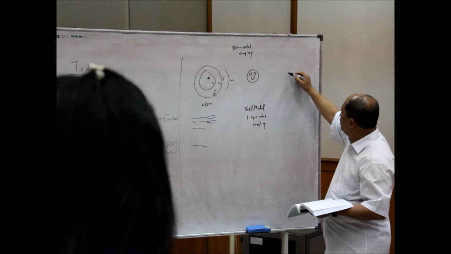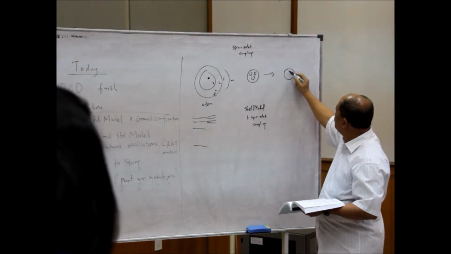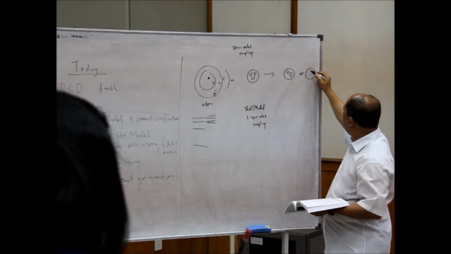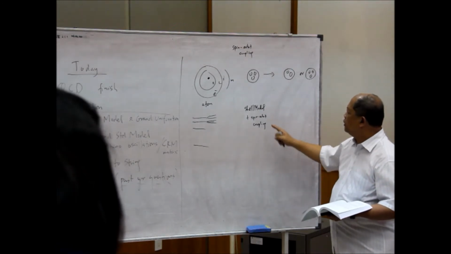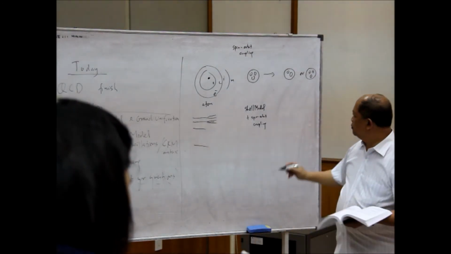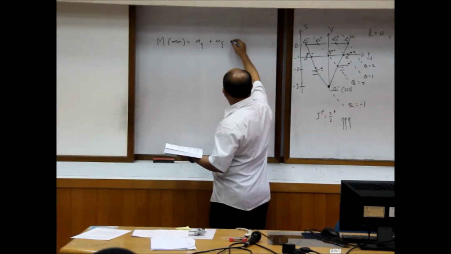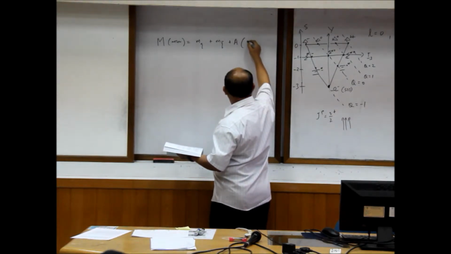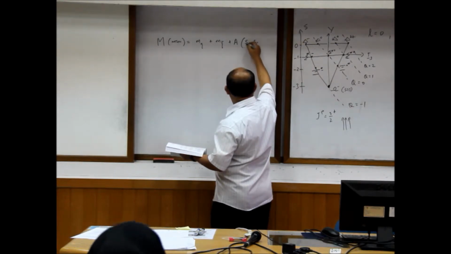And then quarks, same. Quarks also, if it is quark and anti-quark, or 3 quarks, quark, quark, quark. And they also have spin-orbit coupling, times some factor, and then the spin of quark dot spin of anti-quark.